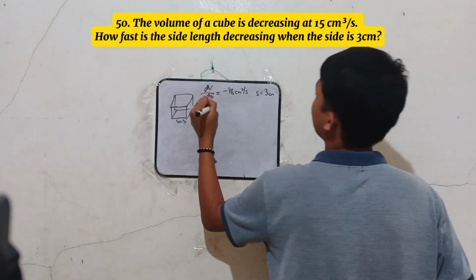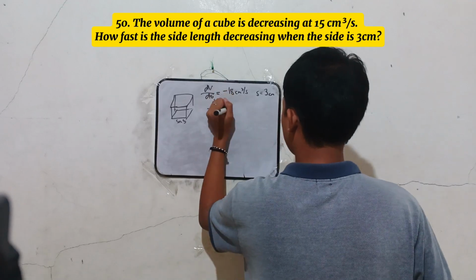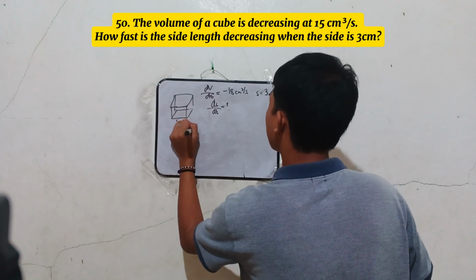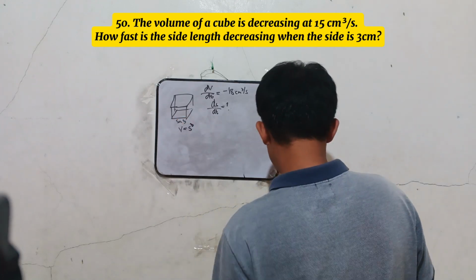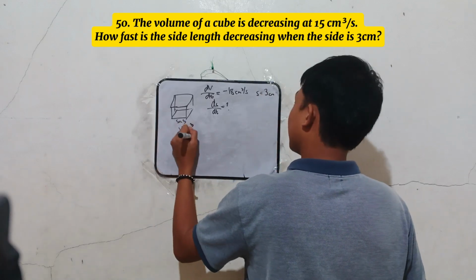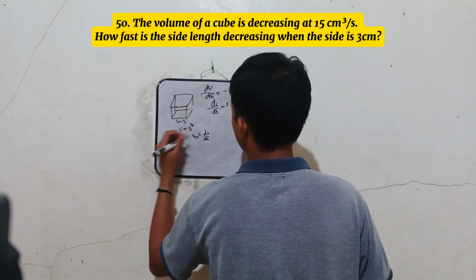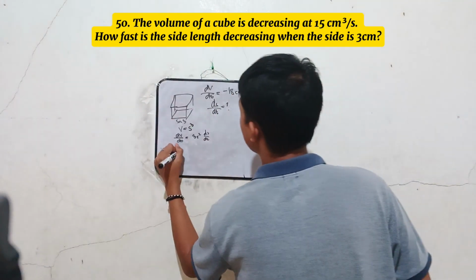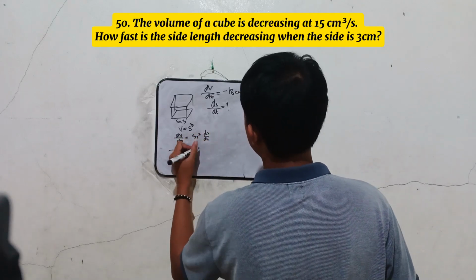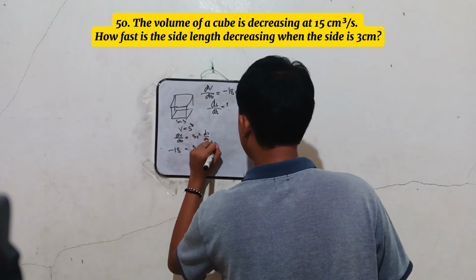Then what we are going to find out is the derivative of s with respect to time. So the volume of a cube is s cubed. So the derivative of this formula is 3s squared ds over dt. Then substitute the given values. So dV over dt is negative 18 equals 3 times s, which is 3, squared, times ds over dt.